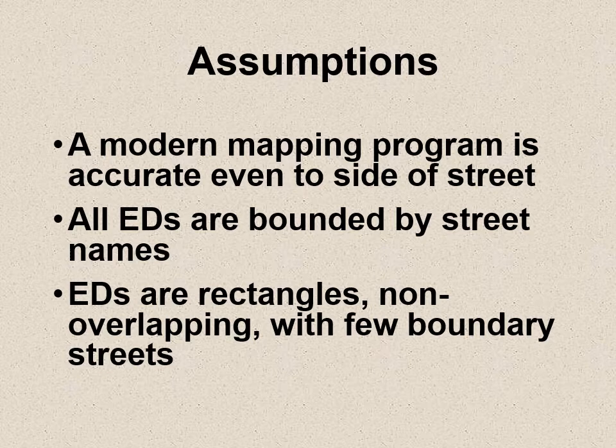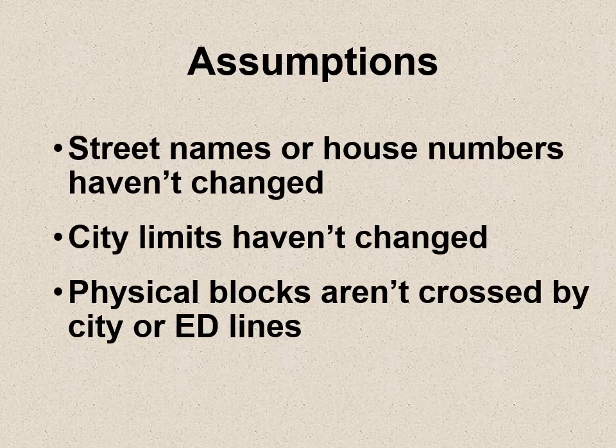That all EDs are bounded by street names, that EDs are rectangles, non-overlapping, with few boundary streets. That street names or house numbers haven't changed since 1950, that city limits haven't changed, that physical blocks aren't crossed by city or ED lines. And these are all assumptions that are violated in certain situations, and you should be aware of that.